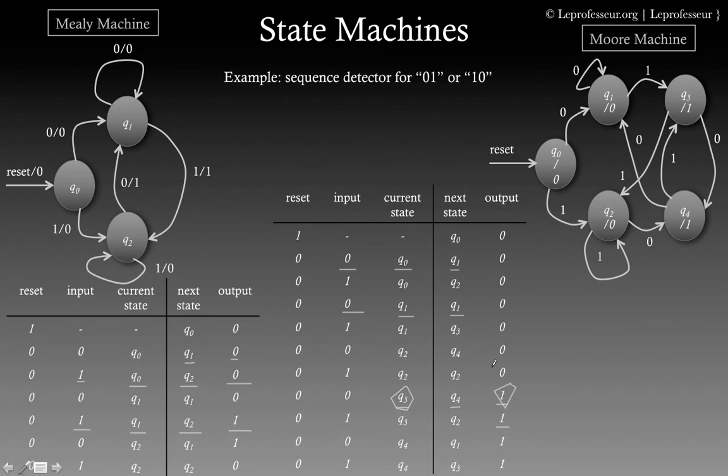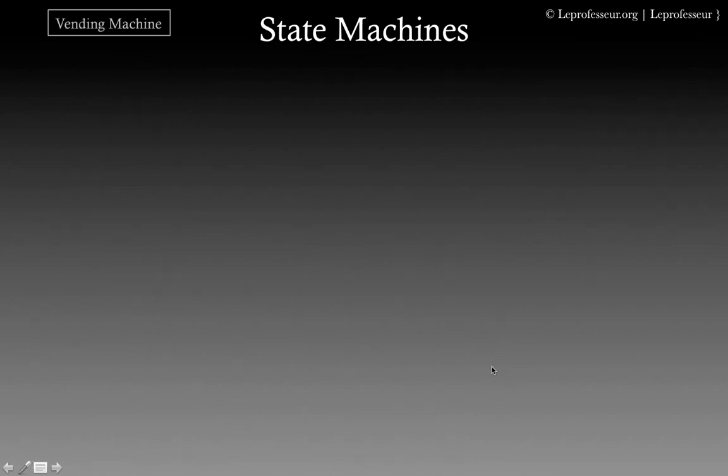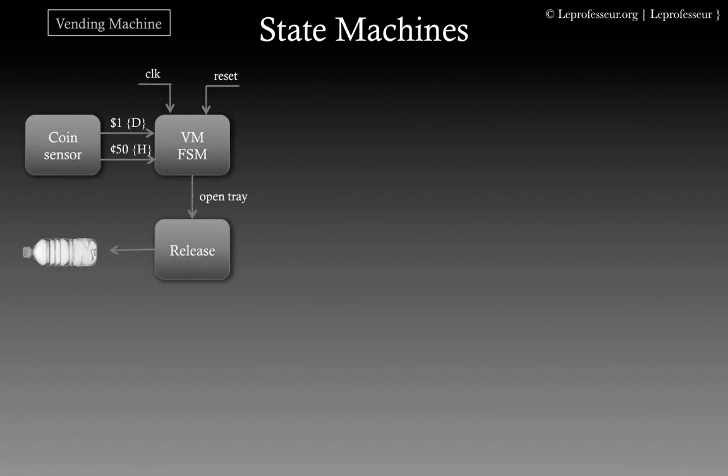Okay, two variants. Now let's take another example, a very simple example of a vending machine. Let's say our hypothetical vending machine has a coin sensor and it takes a dollar coin and a half dollar coin.